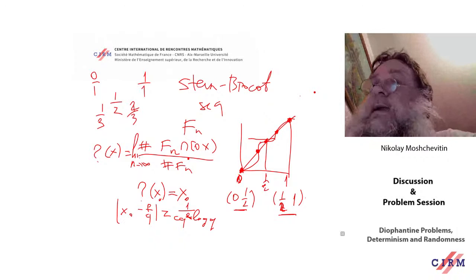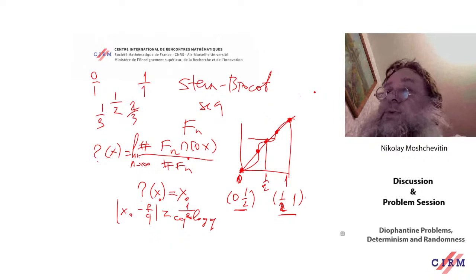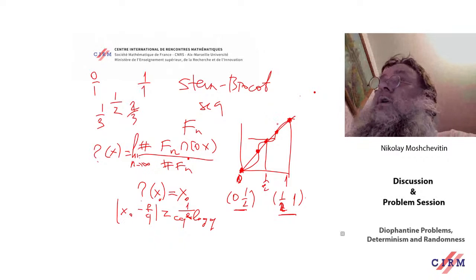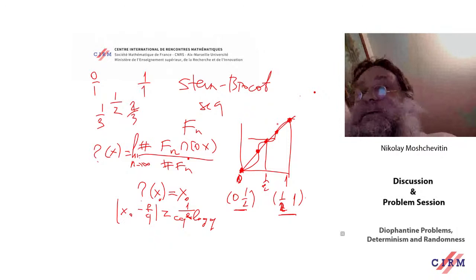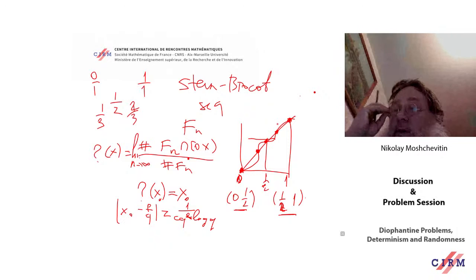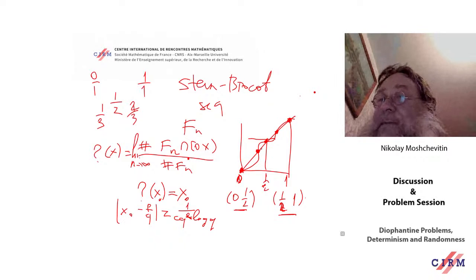By the way, that there exist just two points is supported by computer evidence. So the problem is to study irrational stable points of the Minkowski function and to give good bounds for the irrationality measure.